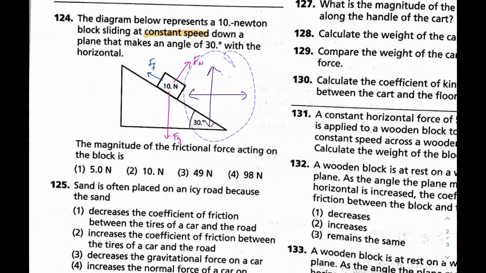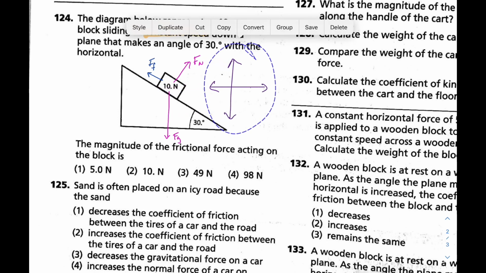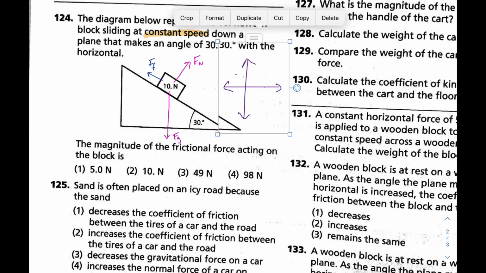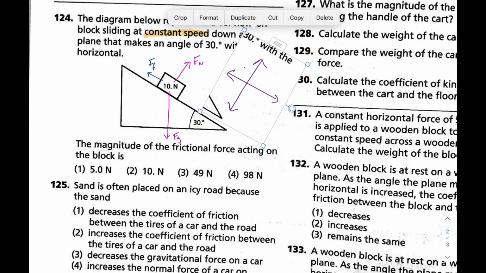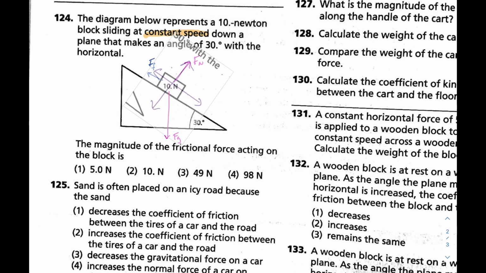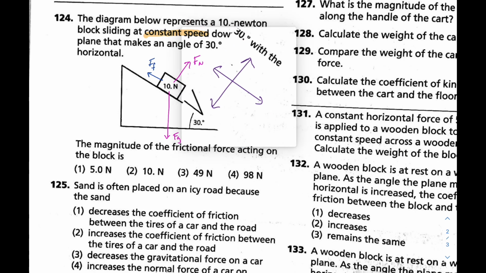Now in this situation, this is all well and good, except for the fact that we would have to find components of the normal force and components of the force of friction. So what we do instead is we rotate our coordinate system, right? When we rotate our coordinate system, this is going to kind of cancel out.